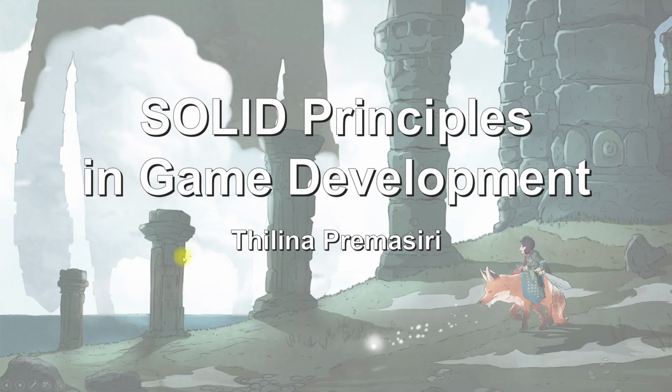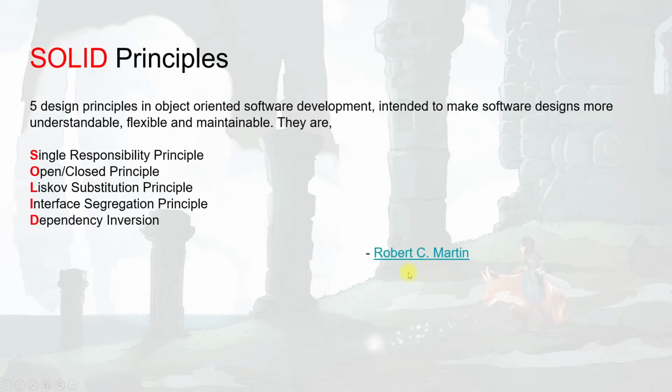Alright, so these are the SOLID principles. SOLID is an acronym created by taking the first letter of these 5 principles, and they were introduced by an American software engineer, Robert C. Martin.